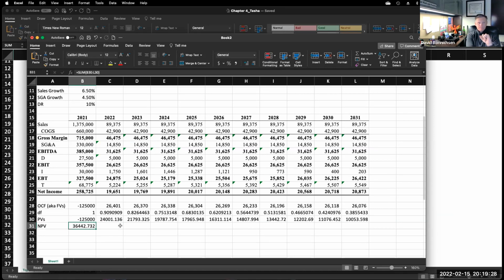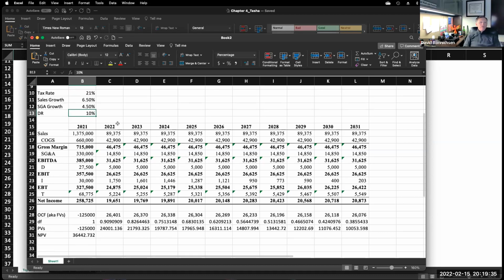Does that make sense? Because we have this discount rate of 10%. Our required rate of return is 10%.